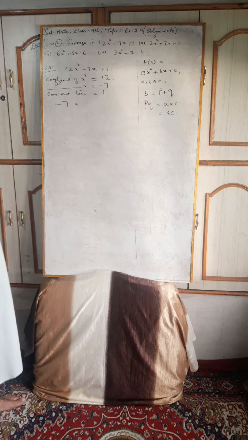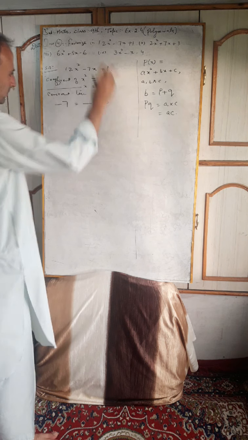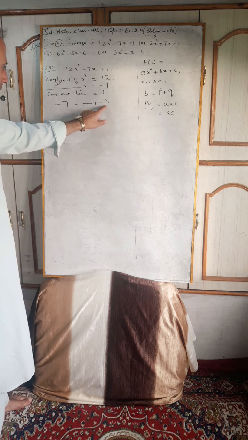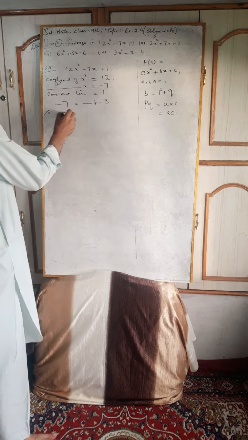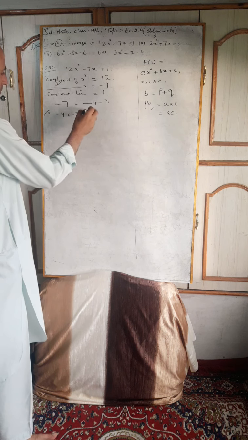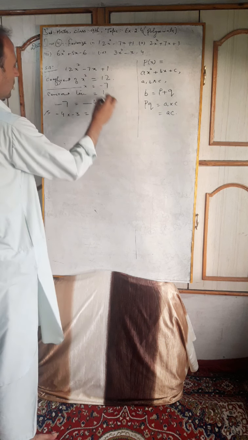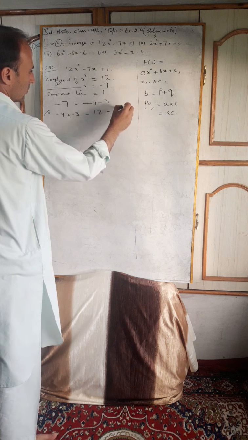It is obviously minus 4 minus 3, because minus 4 minus 3 is minus 7, and minus 4 into minus 3, minus minus is plus, 4 threes are 12, and it is obviously equal to the coefficient of x square, that is 12, into the constant term, that is 1.